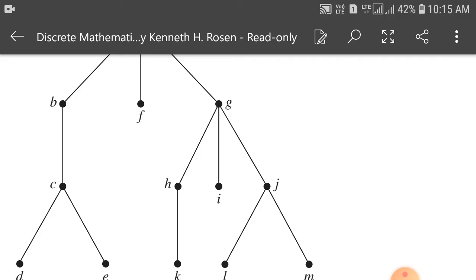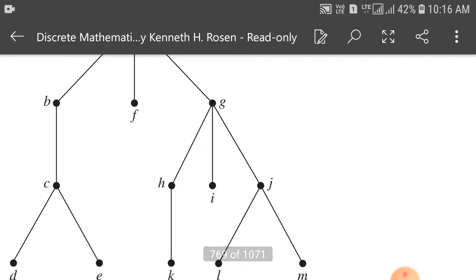Okay, so like that we have to find out the siblings. In our relationships also, siblings means our brothers, sisters, like that.